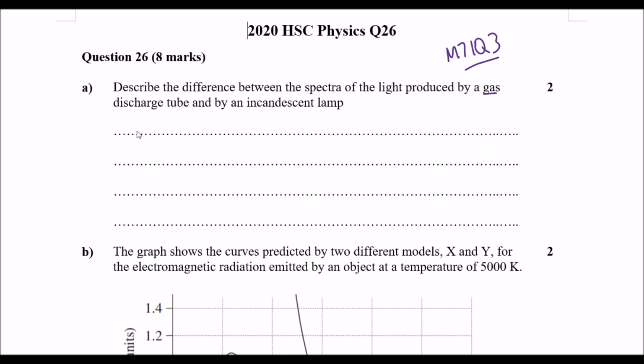So with a gas discharge tube, if you want to think about it, a discharge tube presents specific wavelengths. Okay, I might actually write it here. So with the gas discharge tube, and I'll do it sort of like a table format.